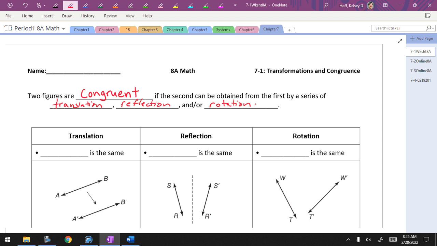Out of the transformations we learned in chapter 6, which one is not up there? We learned 4 in chapter 6. We only listed 3. Which one did we not list up there? Courtney? Nope.